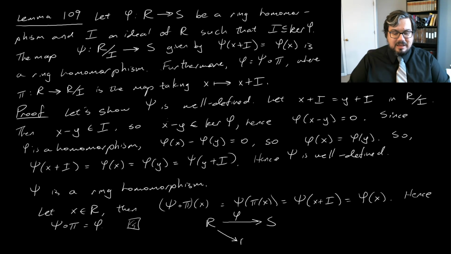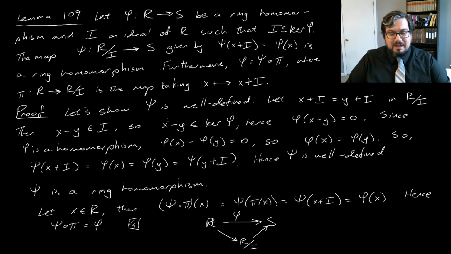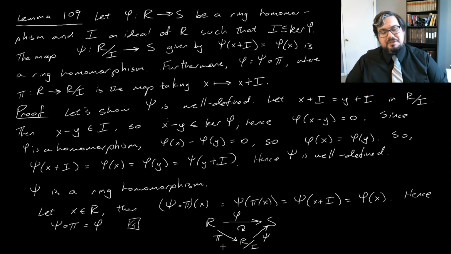This is what's known as a commutative diagram, where we've got some number of algebraic objects, in this case rings, and we're saying that we've got a function from R to S, which is phi that we started with. And what the proof says is that we can construct this homomorphism psi that goes from R mod I to S, and we've got this homomorphism pi that goes from R to R mod I, the projection one, and the diagram commutes.